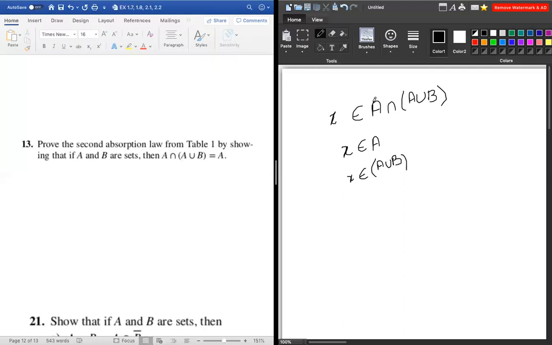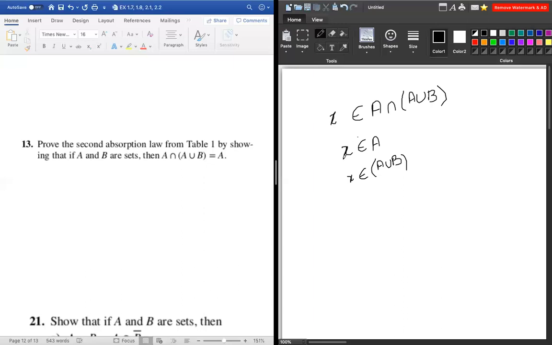Okay, just simplifying that equation. So if X belongs to A intersection (A union B), then X belongs to A, and X also belongs to A union B because it's an intersection, right? So this is again by the definition of intersection.